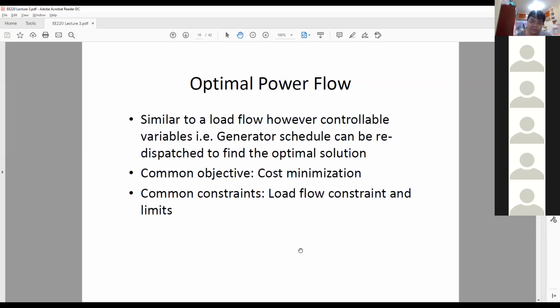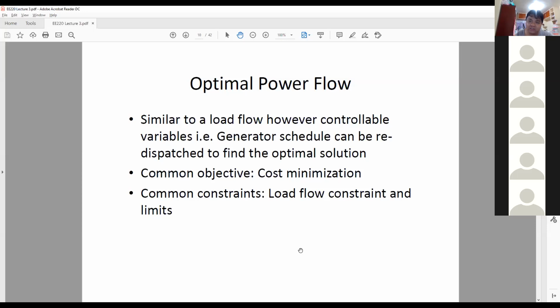Okay? And then, way north, let's say. And then there's another generator na nasa Batangas lang. And ang load natin nasa Metro Manila. Malapit, obvious. Sabihin natin yung generator na isa kanina nasa Ilocos. Yung isa nasa Batangas. Obviously, mas malapit yung Batangas sa Metro Manila.